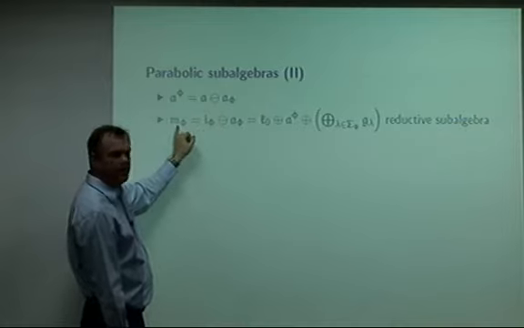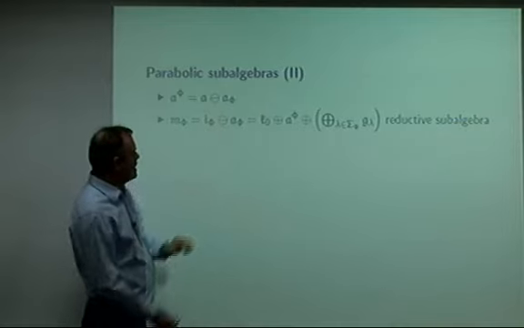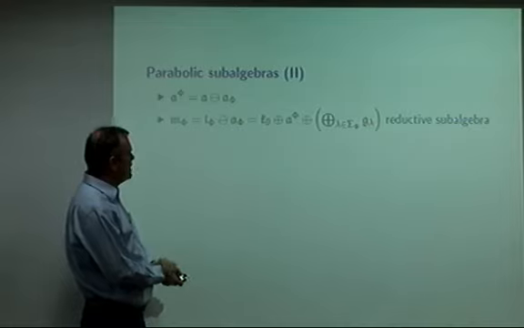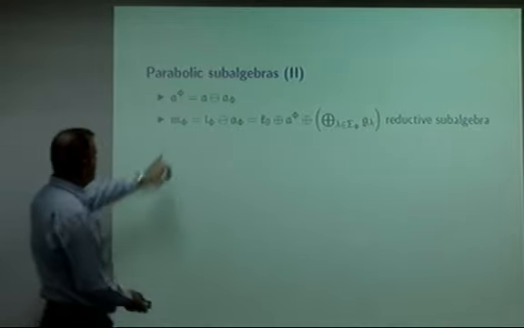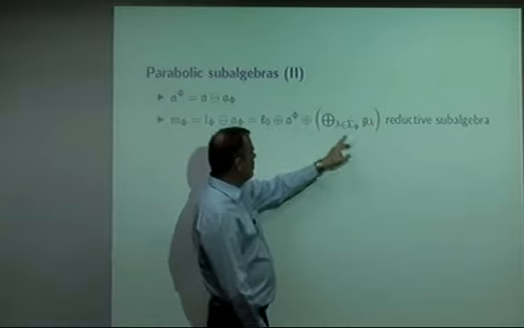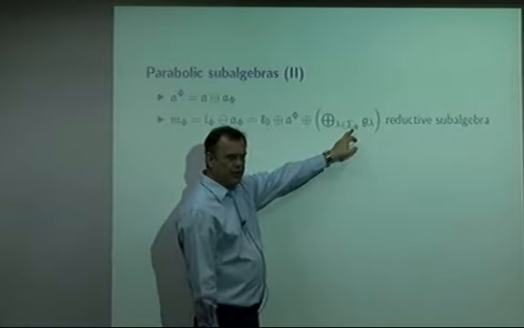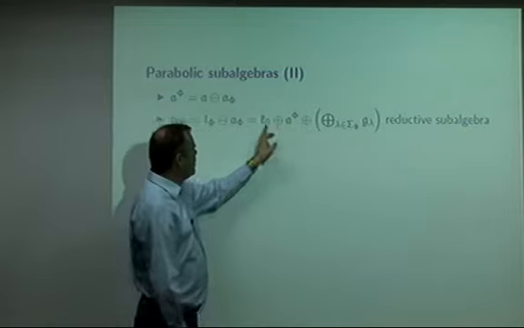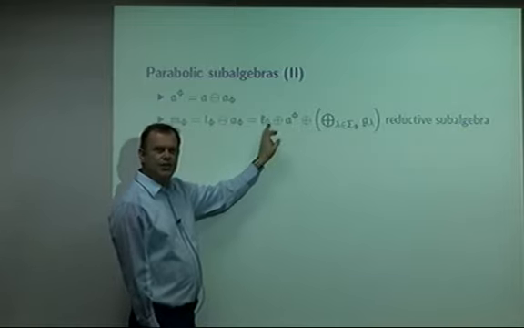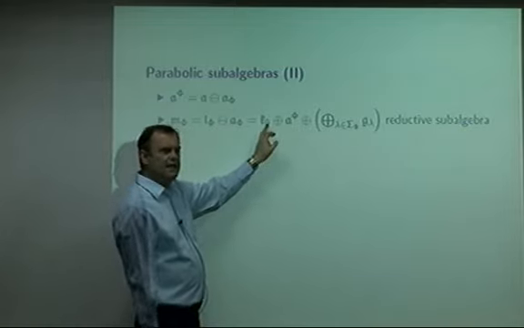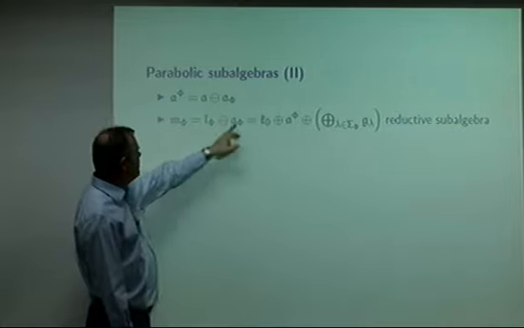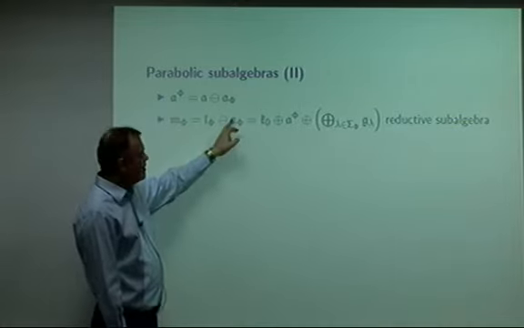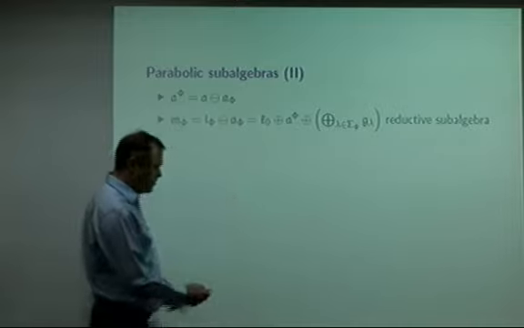What we get is again a reductive subalgebra. And in fact, we take all the root spaces corresponding to our choice of phi. The only difference is actually in G0. We're taking something away in G0 when we construct M phi from L phi, namely it's just this bit in A. So that's the only change here.